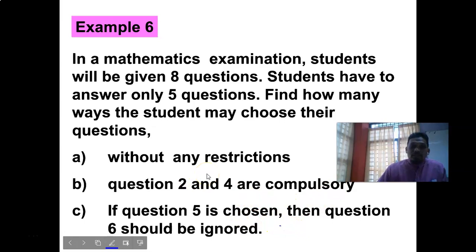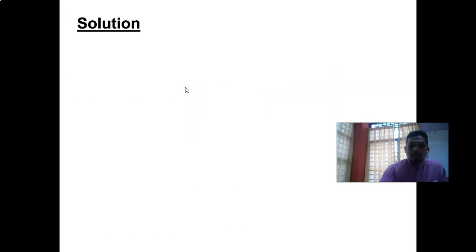So from 8 questions, the student only needs to answer 5 of them. For question A, it is 8C5, equal to 56, without any restriction.